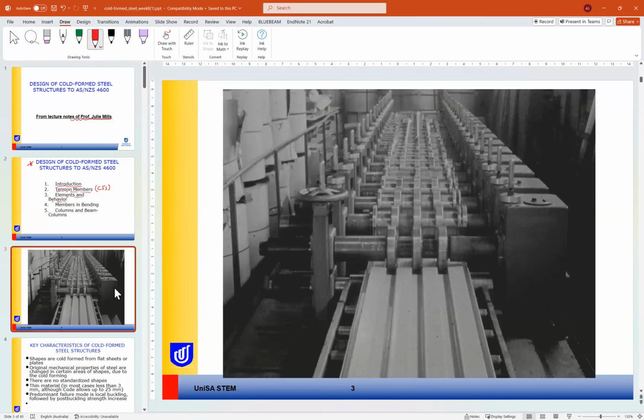So firstly, the cold formed steel structure, as you can see, is a plate. We have a thin plate like this one, and this thin plate is converted into shape, or formed into shape, using this forming machine, to give us this shape.